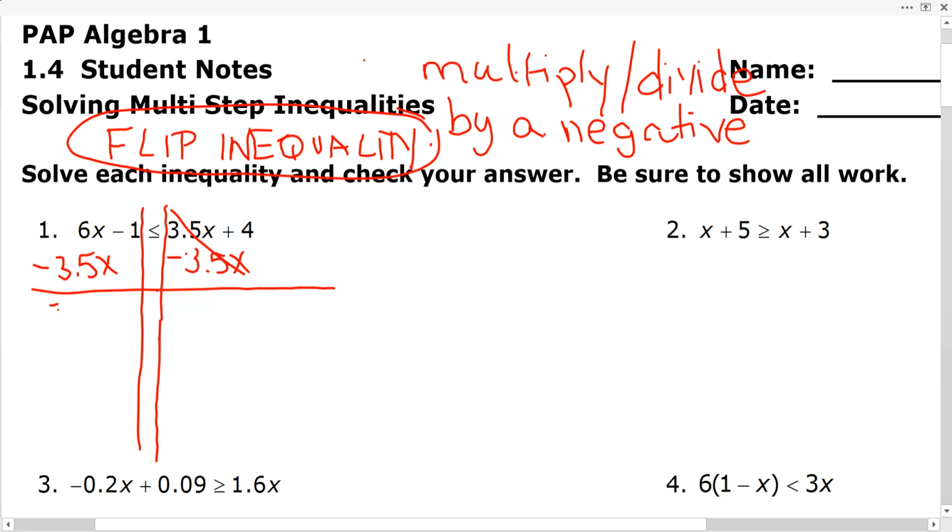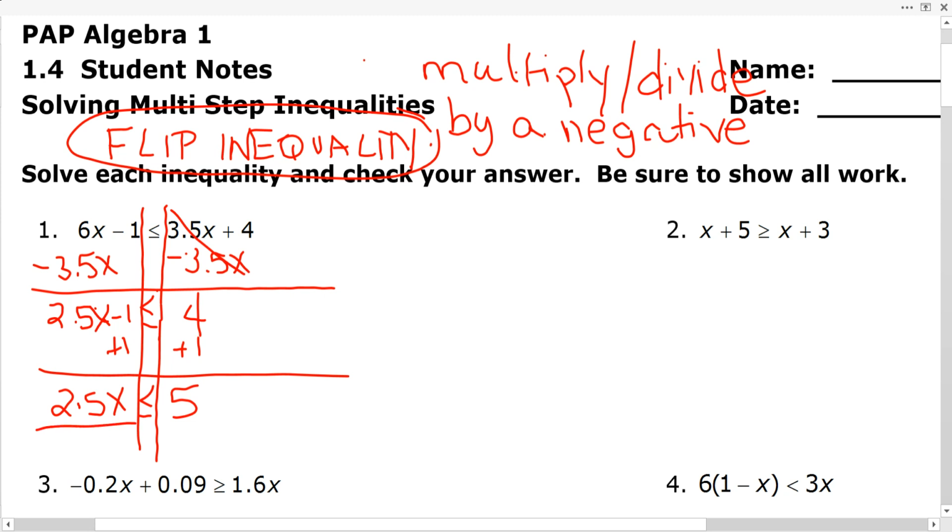Six minus 3.5 is 2.5. X minus 1 is less than or equal to 4. Add 1 to both sides. 2.5x is less than or equal to 5. Divide both sides by 2.5. And I end up with x is less than or equal to 2.